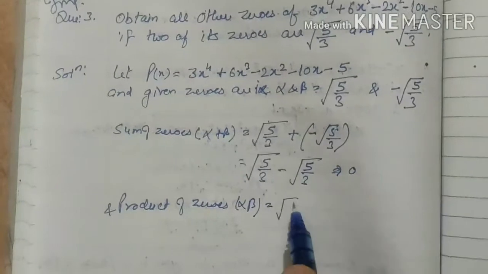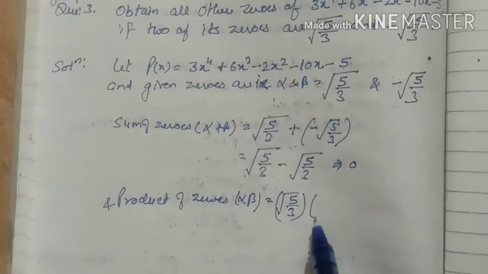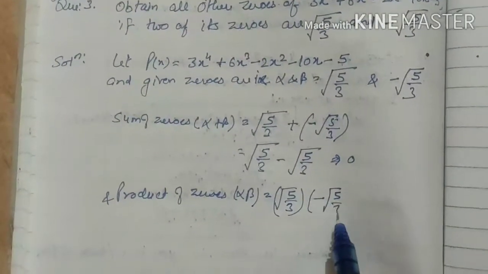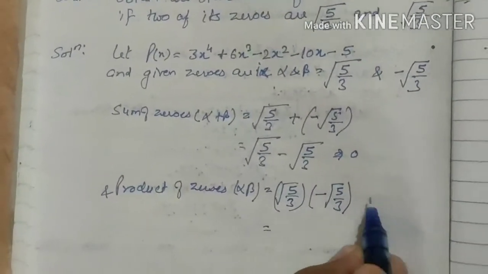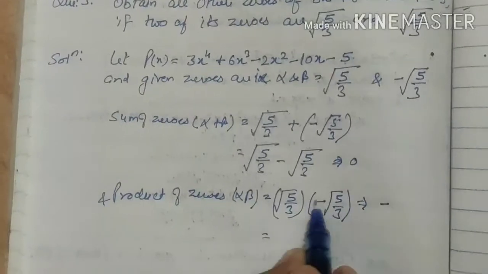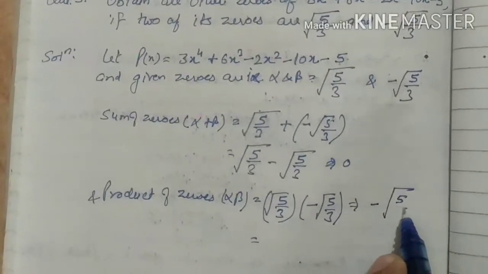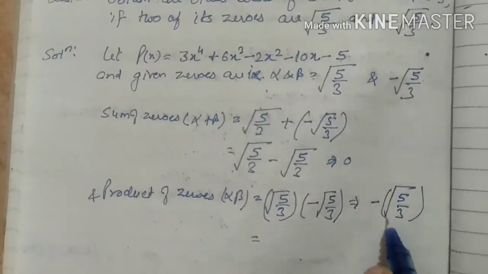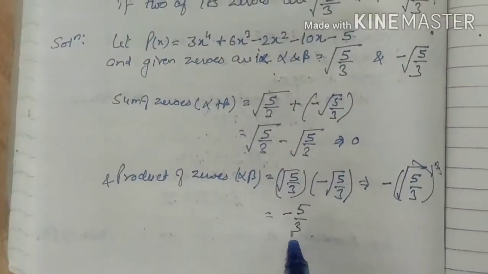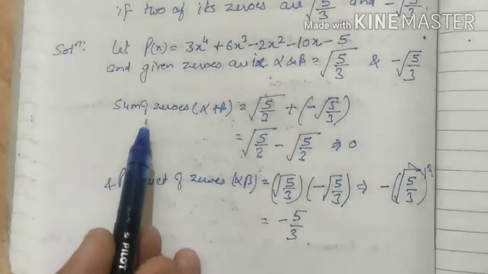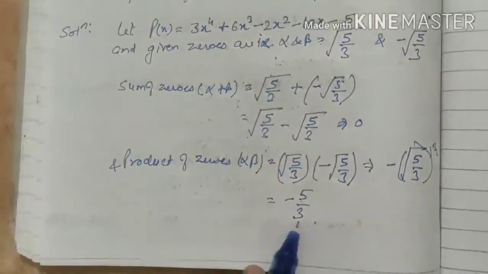So this will be root 5 by 3 into minus root 5 by 3. You can see plus into minus become minus, and this will be minus of 5 by 3, so the square root will be cancelled. So now we have sum of zeros as 0 and product of zeros as minus 5 by 3.